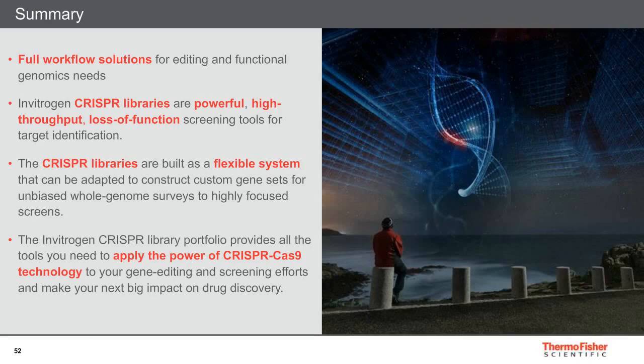Although we offer the 19 libraries that are listed in our catalog, the CRISPR libraries are built in such a fashion that they are flexible, and if needed, we can put together a custom library as per your needs. So essentially, we have all the tools that you need for your genome editing and screening efforts, to make a big impact on drug discovery and your screening efforts.